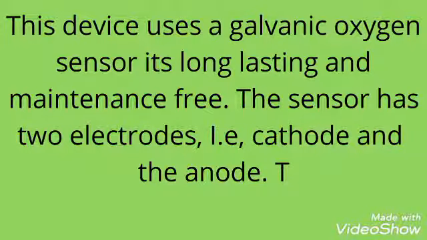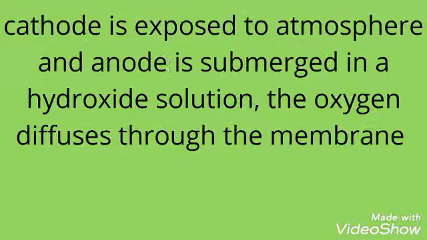It uses a galvanic oxygen sensor. It is long lasting and maintenance free. It has two electrodes, a cathode and an anode. The cathode is exposed to the atmosphere and the anode is submerged in a hydroxide solution.